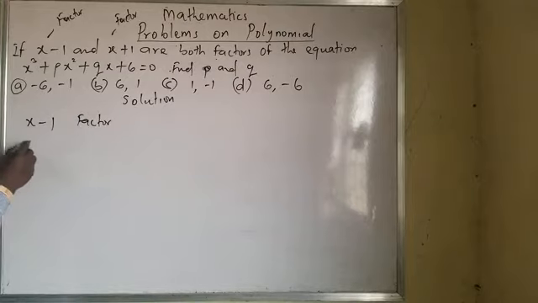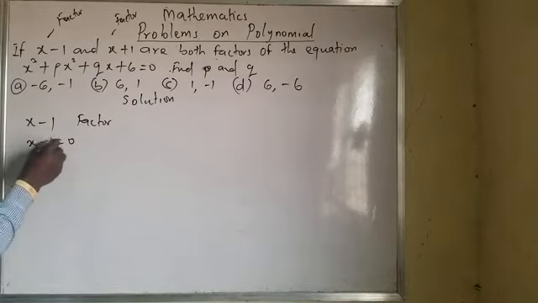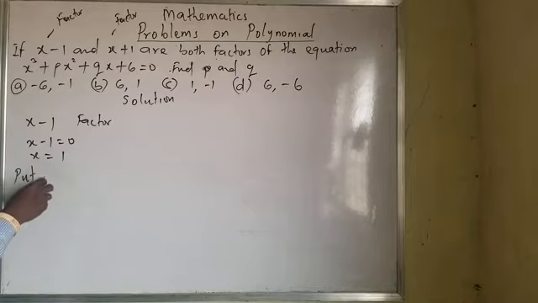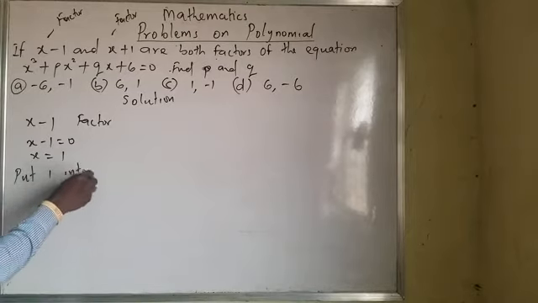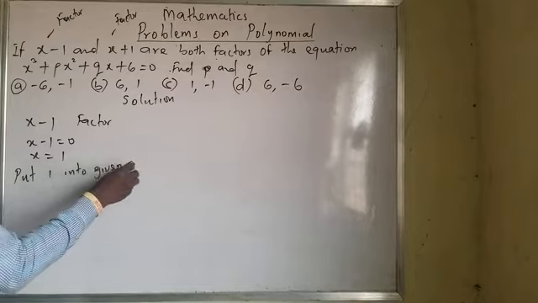Now, I would say that x minus 1 is a factor. It means x minus 1 will be equal to 0. You know all those things in your quadratic equation, which is my x equals 1. Now, since my x equals 1, it means put 1 into the given equation.